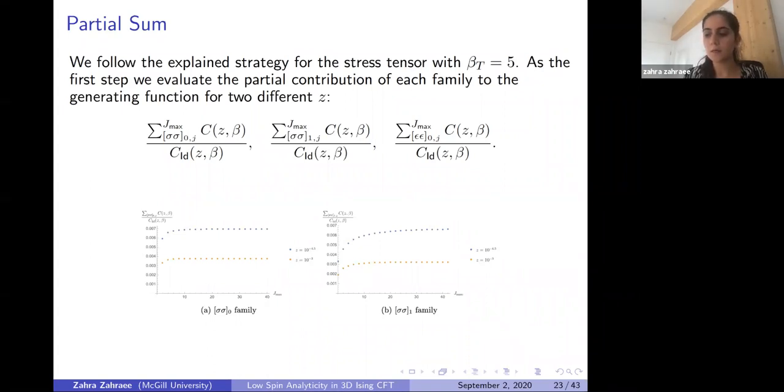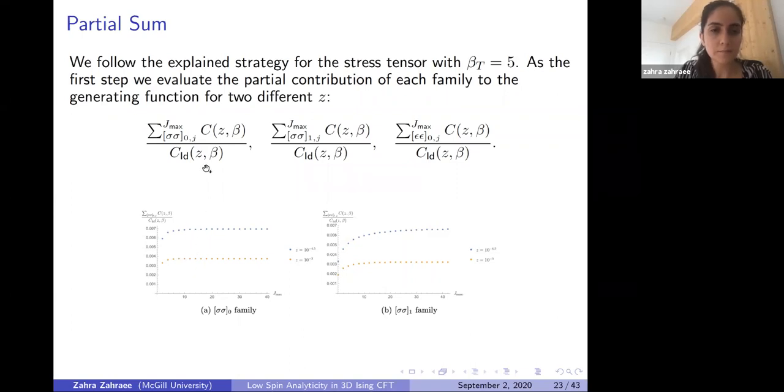Okay, so to study the convergence of the cross-channel OPE sum for calculating the double discontinuity, we look at the partial sum contribution of each family. Here are the 3 objects we will study. The first partial sum includes the sum over operators in the sigma, sigma 0 family up until J max, where J max is the x-axis in the plots.